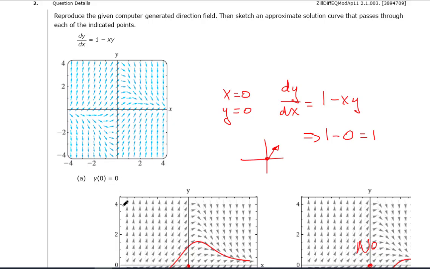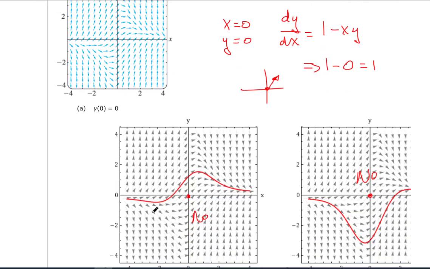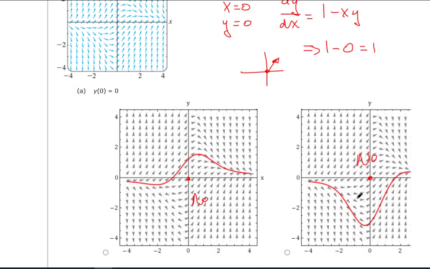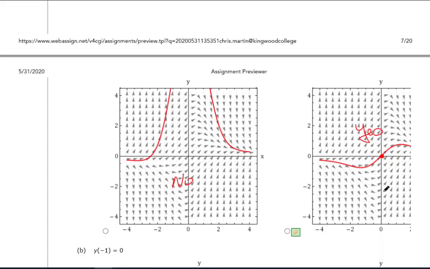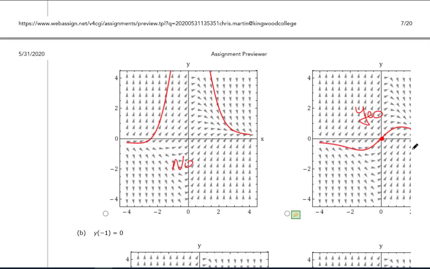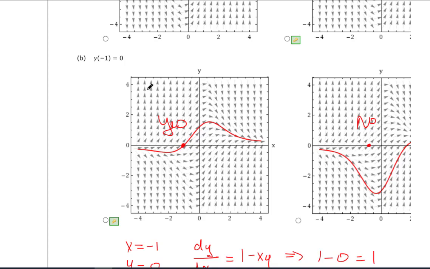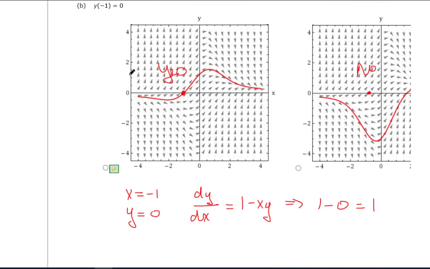So we're starting off at the origin. No, no, no, yes. So notice if we start off there, we're stuck in this particular flow stream or flow pattern. What about -1, 0?